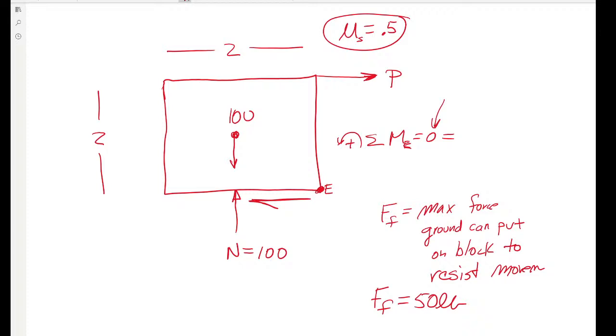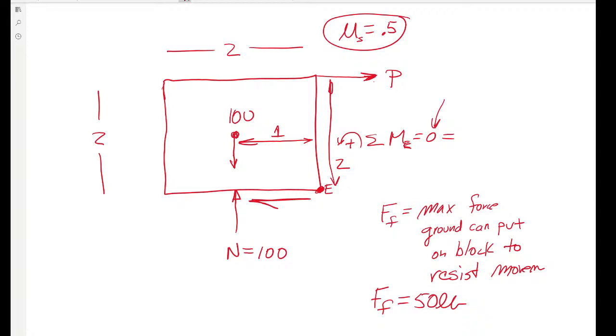What you'll see is I'll get this 100, and I'll get this P. Now, this distance is 2, and this distance is 1. So what happens here is kind of interesting.